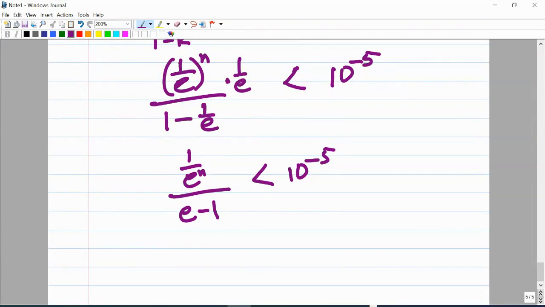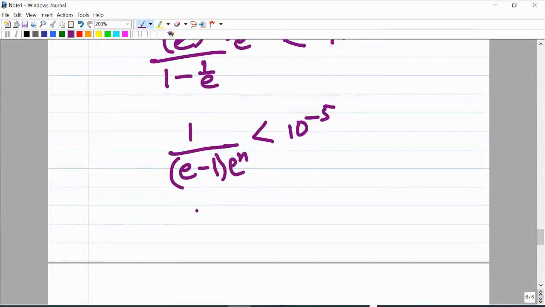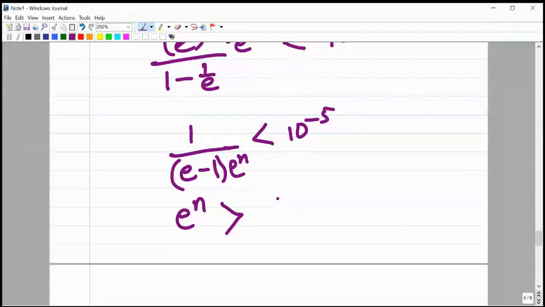Or rather, we can have this as 1 over e to the power n, e minus 1 times e to the power n is less than 10 to the power minus 5. Or you can simplify and multiply that side by e to the power n. So you then have e to the power n is now greater than 10 to the power 5 over e minus 1.